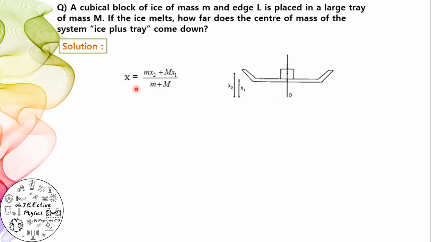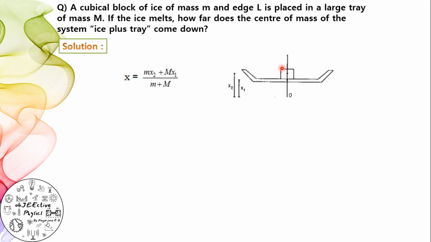So the original center of mass of the system, x, is equal to (small m x2 plus capital M x1) divided by (small m plus capital M), where small m is the mass of the ice block, x2 is the distance of the ice block from the origin, capital M is the mass of the tray, and x1 is the distance of the tray from the origin.